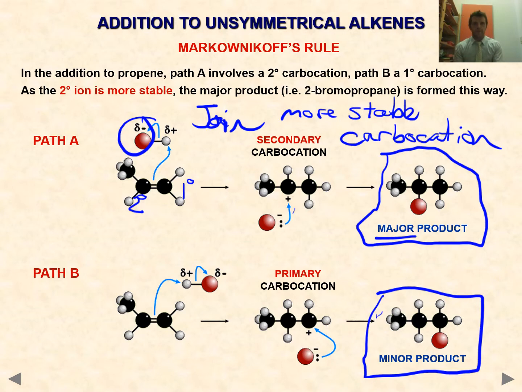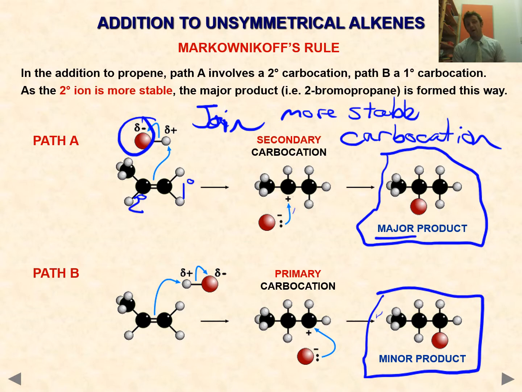So then the way that we can actually see how this happens is the future functional group, so in this case the bromine, is going to join, oh, that's not how you spell join. This is going to join, it's going to add, oh my goodness, my spelling, the more stable carbocation. This doesn't happen 100% of the time.